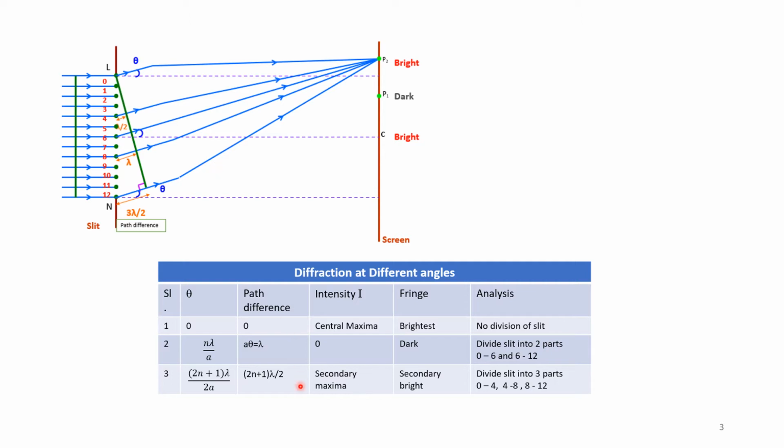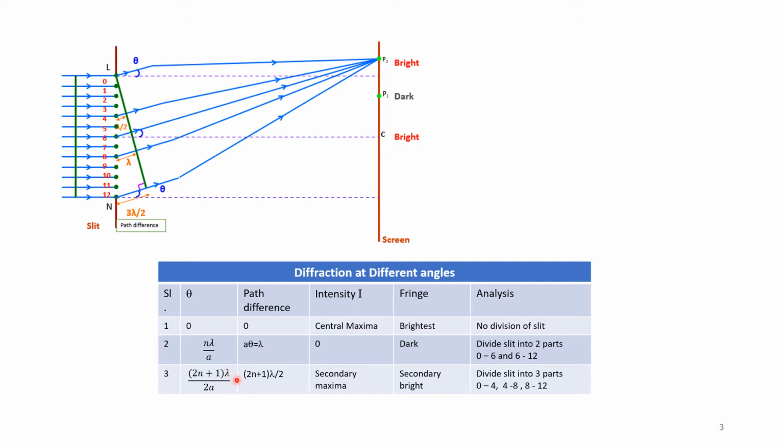In the third part, the slit is divided into three sections, 0 to 4, 4 to 8 and 8 to 12, and here theta is (2n plus 1) lambda by 2a, that is odd multiples of half the wavelength.